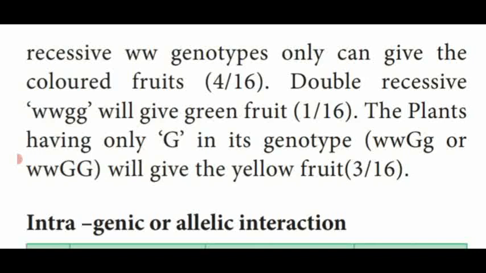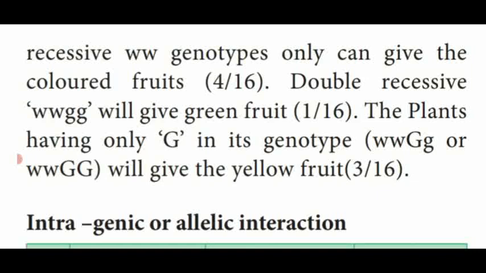So out of 16 gametes, 3 yellow color and 1 green. So 4 colored fruits are produced in dominant epistasis. Then double recessive, what is that one? Only one, small ww and small gg, only one. Double recessive will give the green color fruit.